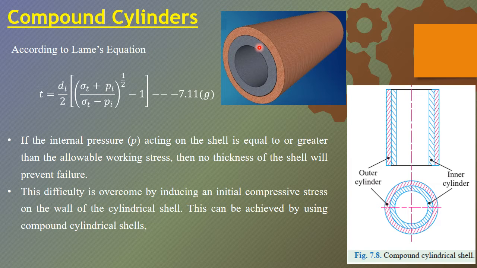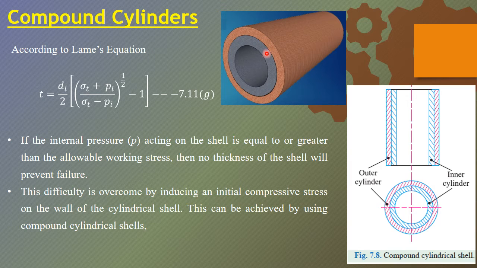The compressive stress acting on the inner cylinder will basically be a tensile stress acting on the outer cylinder, right? Those are the two different types of stresses induced due to the contact pressures generated at the interface of the inner and outer cylinders.